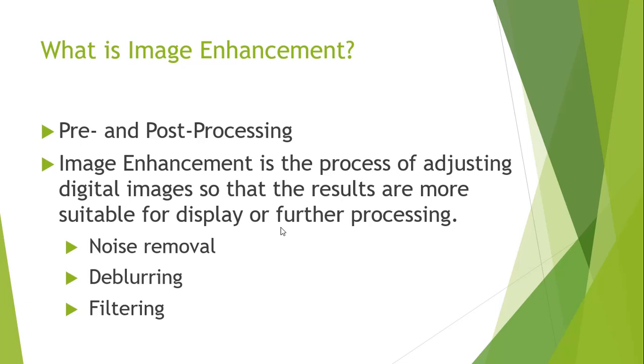It is a process where you adjust a digital image to give better results and make it suitable for display and further processing. It involves removing noise, deblurring, and sometimes filtering.